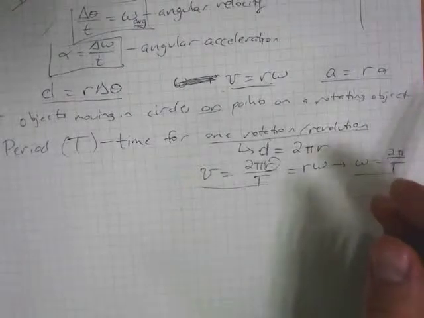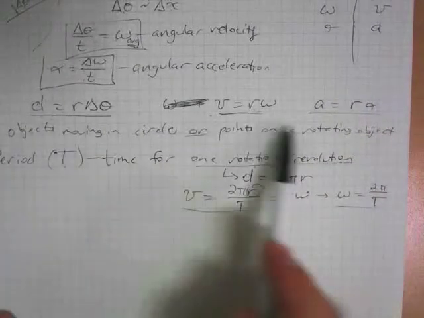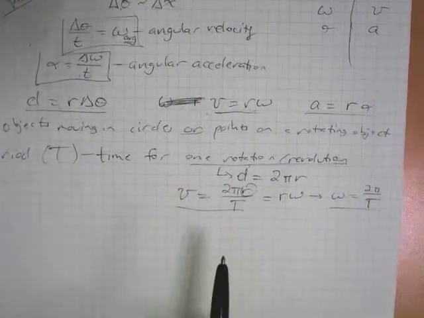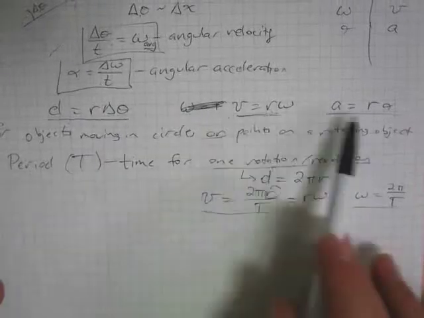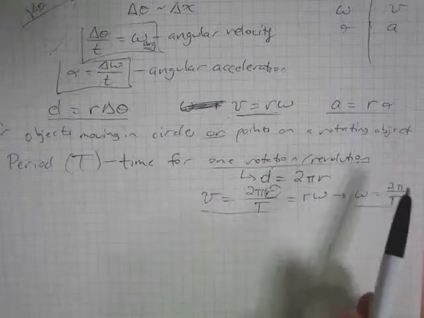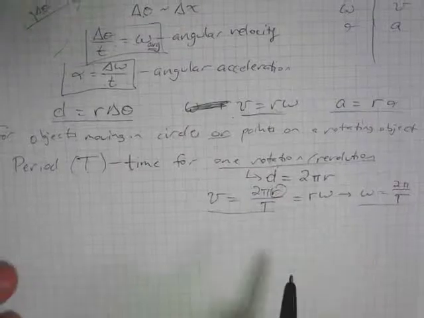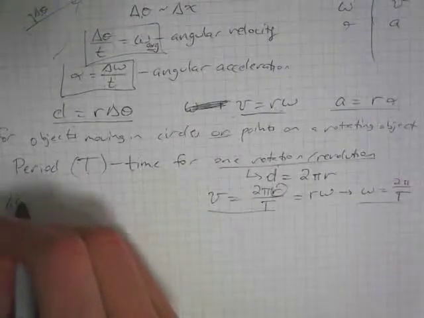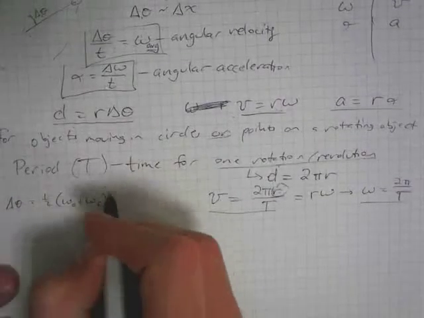And because of these equivalencies up here, we can also rewrite the rotational equivalent of all of our kinematic equations. If I plug these in for the linear quantities, then the r's will all cancel out, and our rotational equations look basically identical to our non-rotational equations. We can say delta theta is equal to half omega naught plus omega final times t.